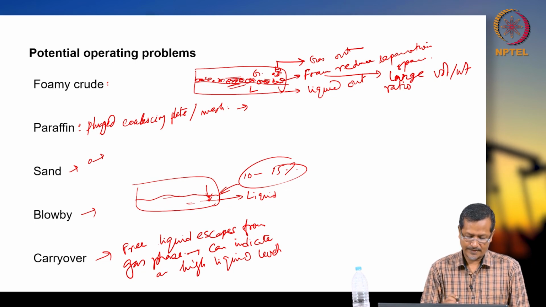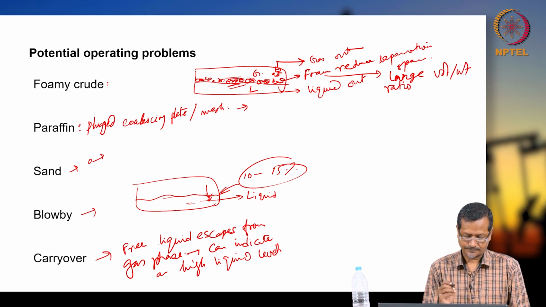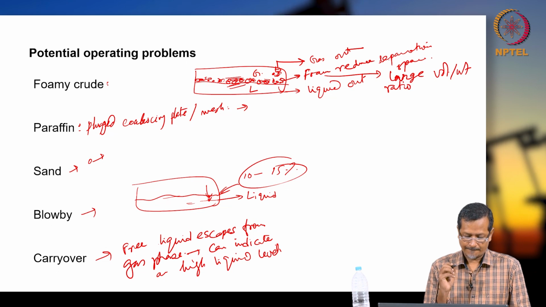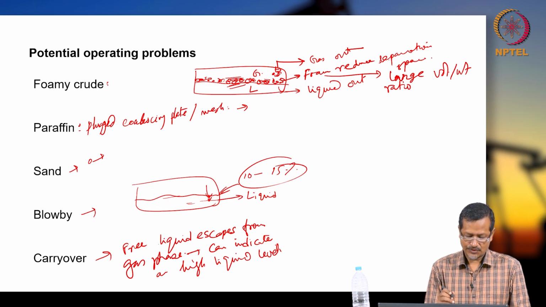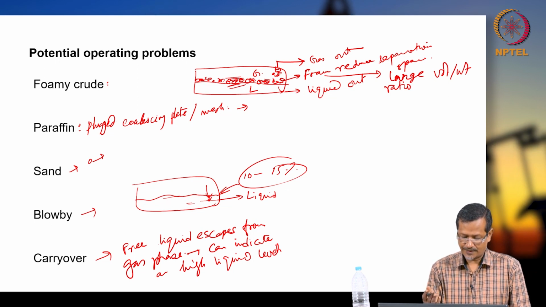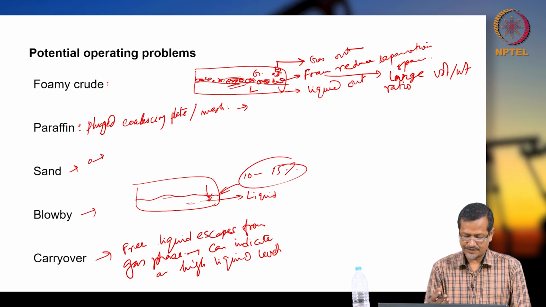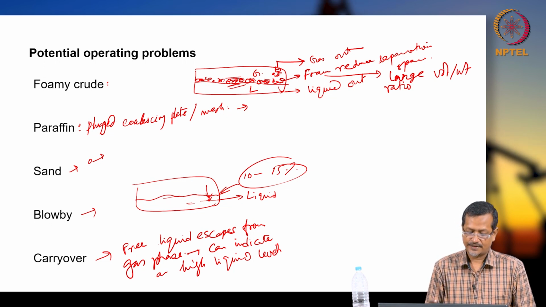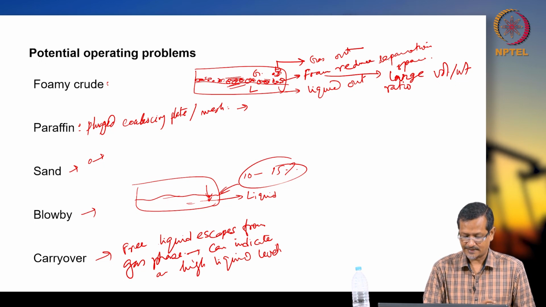Other causes are damaged vessel internals, foam, improper design, a plugged liquid outlet, or a flow rate that exceeds the vessel design rate.